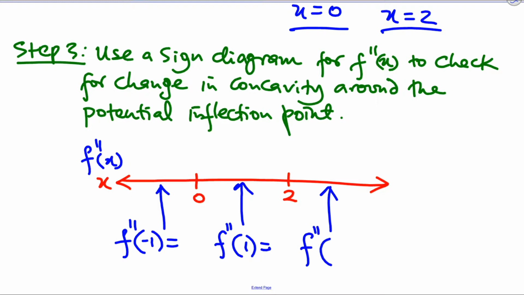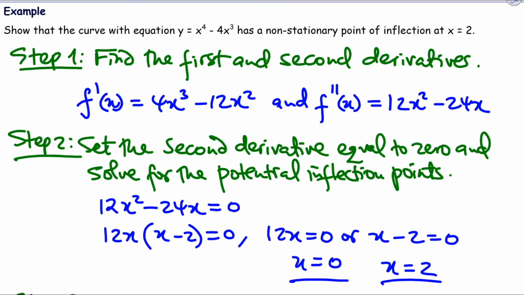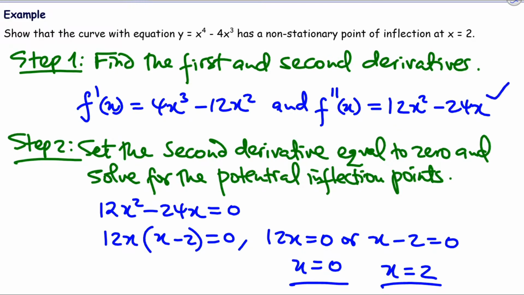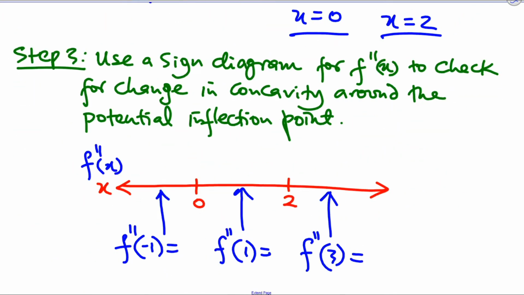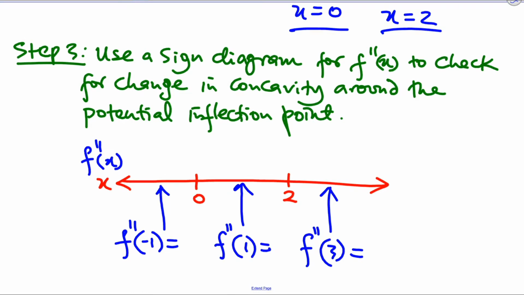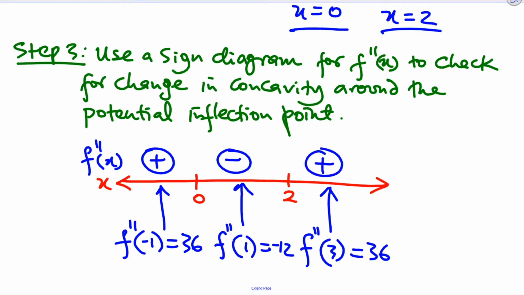On the right of 2, we can test 3. We plug these values into the second derivative, and we are just interested in the signs. That will be 36, -12, and 36, which means we have positive, negative, and positive. So there's a change in signs, which means concavity changes.